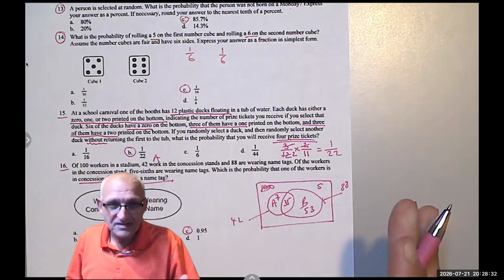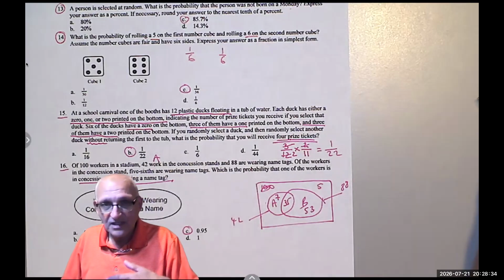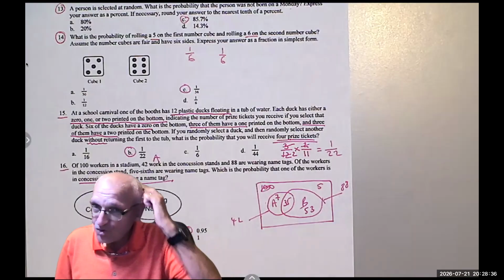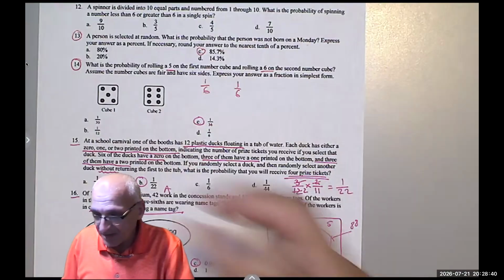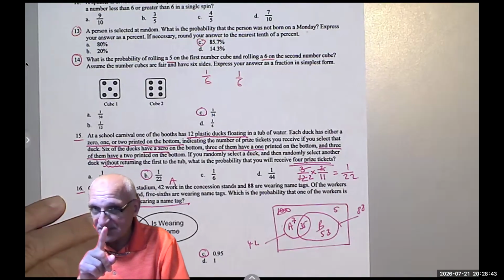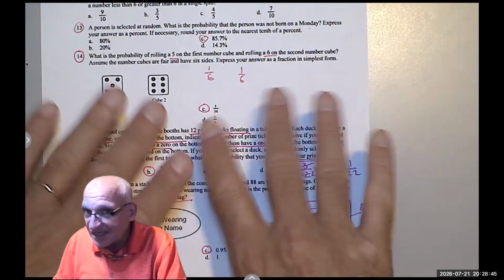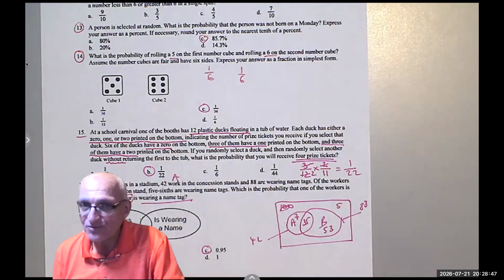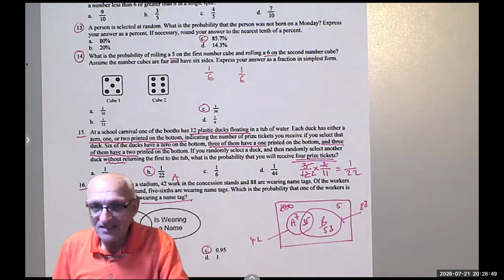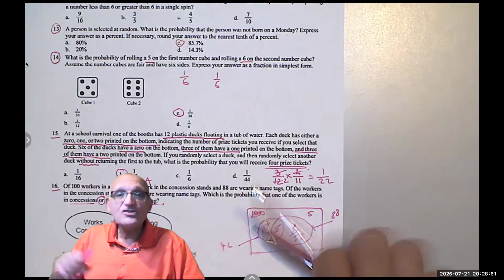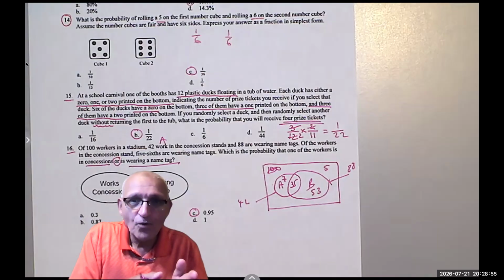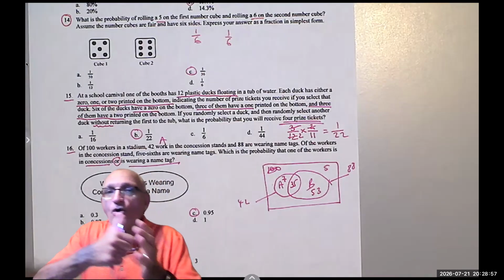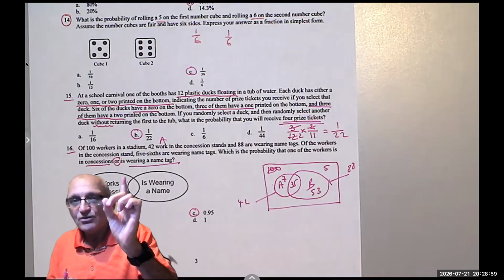Okay? I hope this clarifies why we subtract the middle part. We don't subtract it because they are exclusive. They are still inclusive, but we counted them twice. If you want to make them exclusive, so if I tell you, what is the probability that a person either works in the concession stand or wears a tag, but not both?